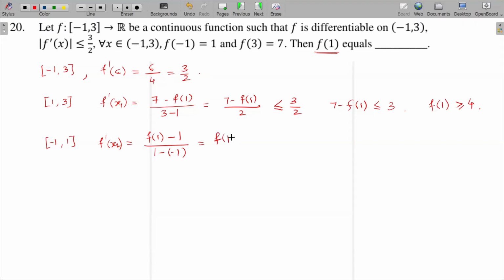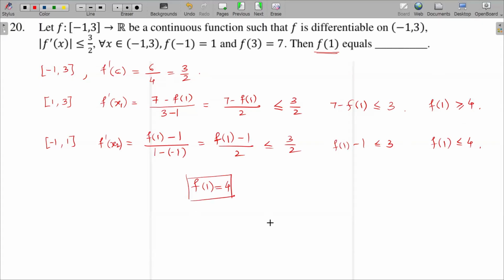So f of 1 minus 1 by 2 is again less or equal to 3 by 2. So f of 1 minus 1 is less or equal to 3. So on the other side, I know f of 1 is less or equal to 4. But this is enough to tell us what f of 1 is. F of 1 is 4.